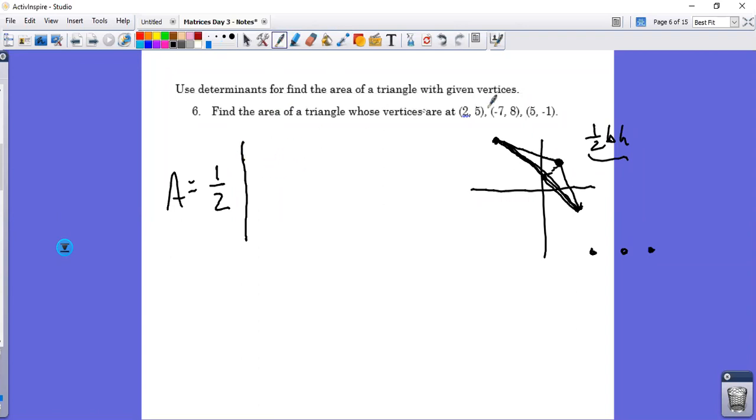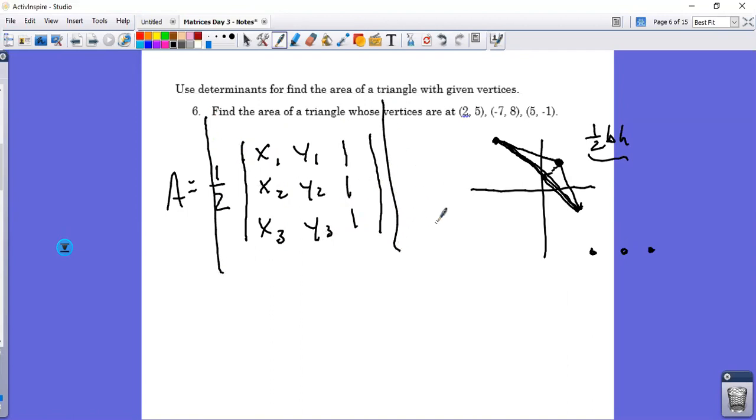So you take, and it doesn't matter which order you put these in, you take the x and the y of each coordinate. So take the x of the first coordinate, y of the first coordinate, and the last number is always 1. Take the x, the y of the second coordinate, 1. Take the x and the y of the third coordinate, 1. If this number happens to be negative, then just change it to positive. It's really the absolute value of all of that.